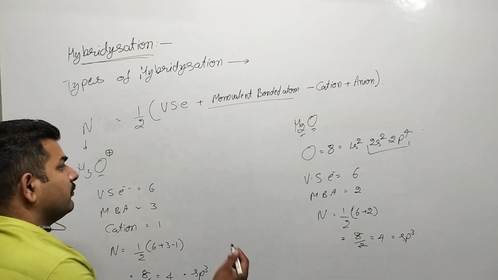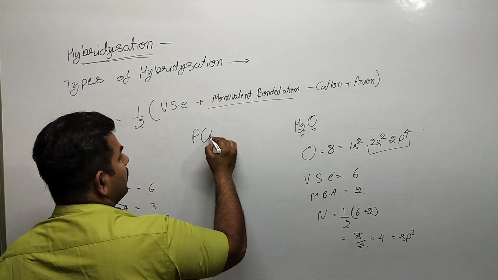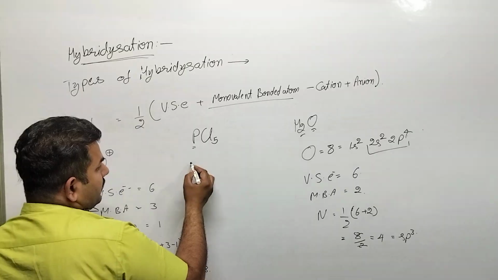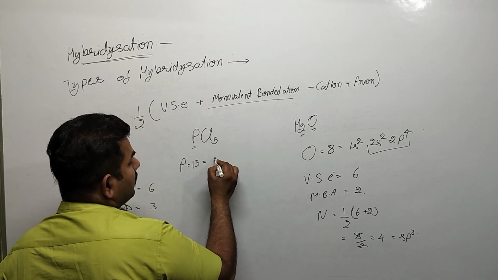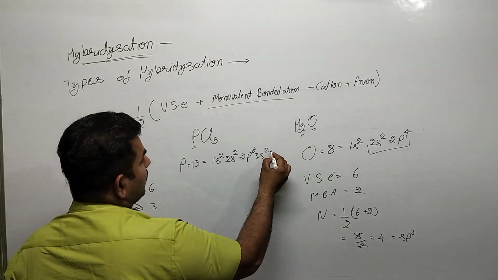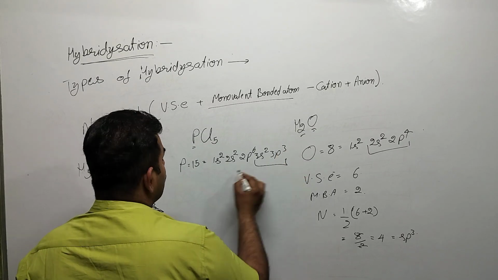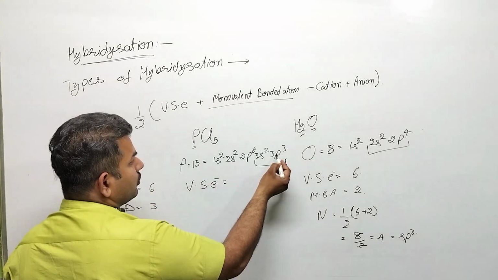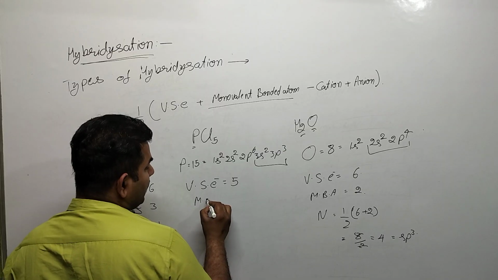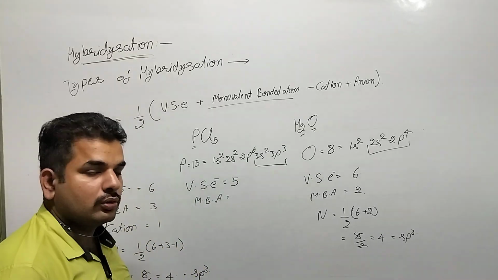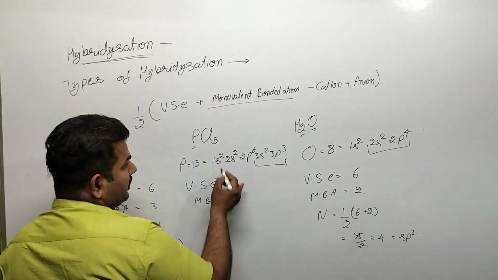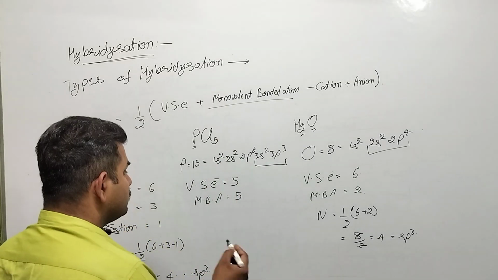Let's take one more example, PCl5. We have to find the hybridization of phosphorus. Phosphorus has atomic number 15, 1s2 2s2 2p6 3s2 3p3, so the number of valence shell electrons is 5. Chlorine forms a single bond with phosphorus, so there are 5 monovalent bonded atoms, and there is no positive or negative charge.